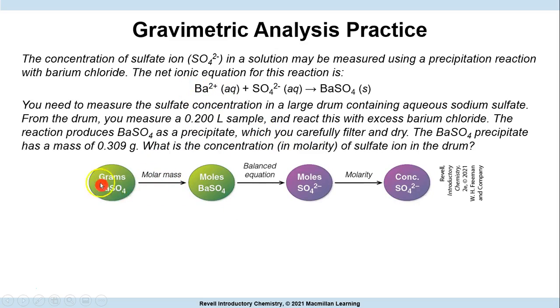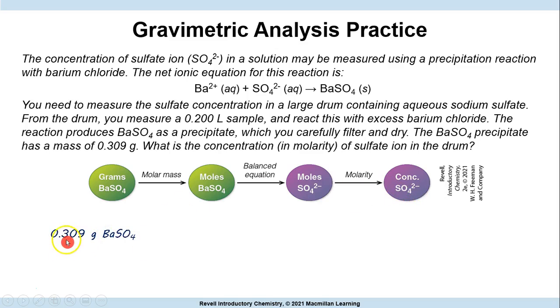So the first thing is we are going to move from the grams of the barium sulfate that we have here to moles of barium sulfate using the molar mass. And from the moles of the barium sulfate, we are going to use the balanced equation to determine the moles of the sulfate ions. And from the moles of the sulfate ions, we are going to use the molarity equation to determine the concentration.